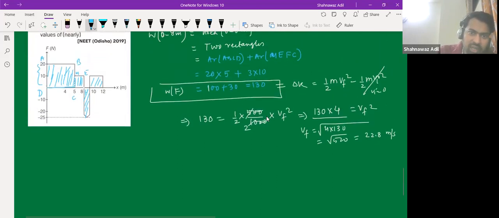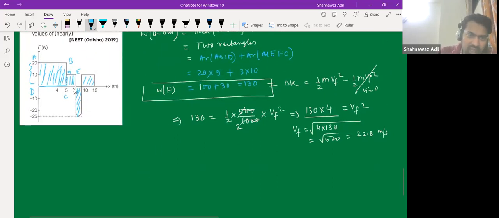Now let us try to calculate the area of this thing. So work done from 0 to 12. That would be how much? What we can do is calculate from 8 to 12. Wouldn't it be easy to do from 8 to 12? Yeah, 8 to 12 would be easy, right?